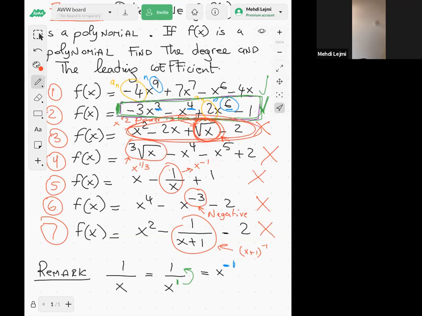So when I say polynomial, I'm talking about the whole function f, not just part of it. And if one of the powers is a fraction, like for number 3 here, because it's a square root, that's x to the power half, then the whole function f is not a polynomial.